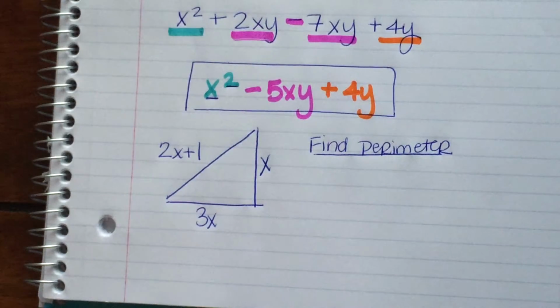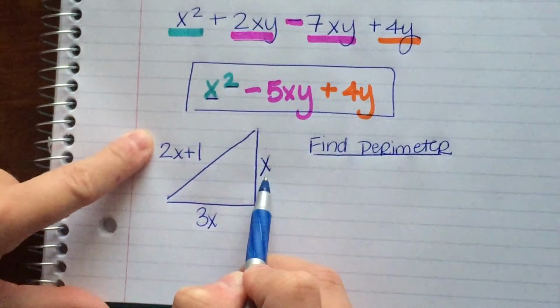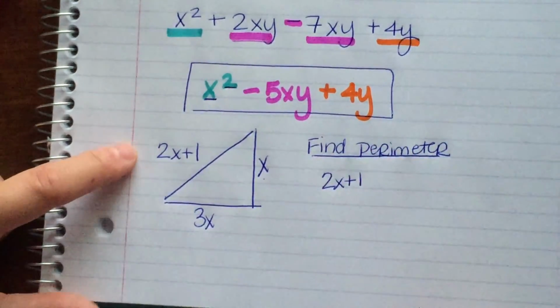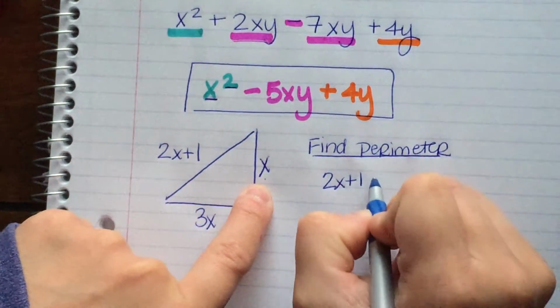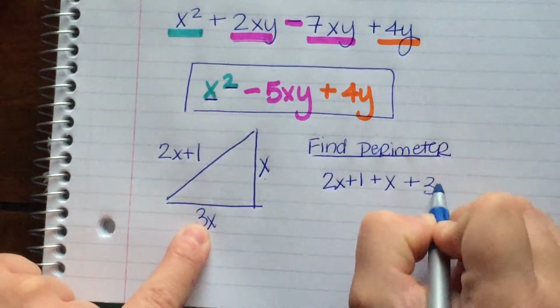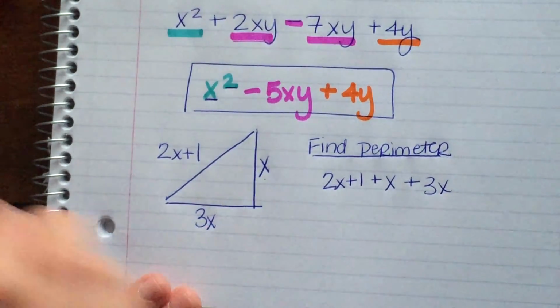First, when we find perimeter, it's from adding up all three sides. So 2x plus 1 plus x plus 3x. That will give us the perimeter of all of our sides.